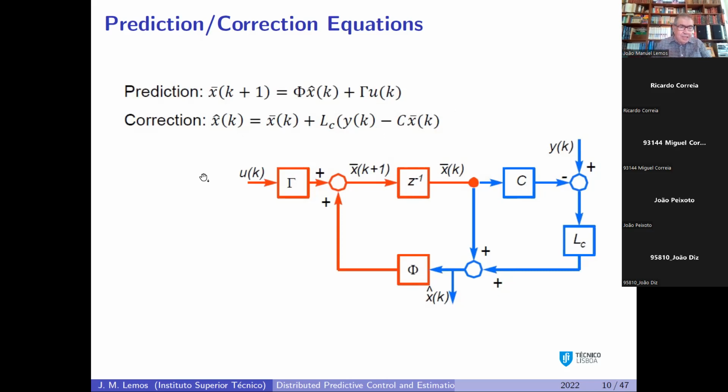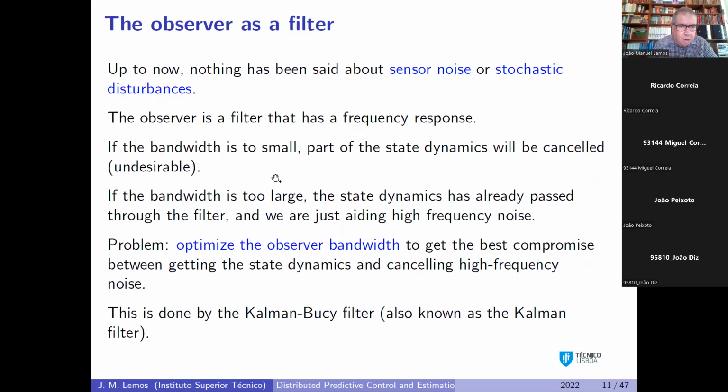Now, this is quite interesting because of these operations of prediction and correction: you do a prediction based on your dynamics, and you do a correction or filtering based on your observation. This will appear when we consider more complicated cases, even in the nonlinear case. Any question? Okay, let's go on.